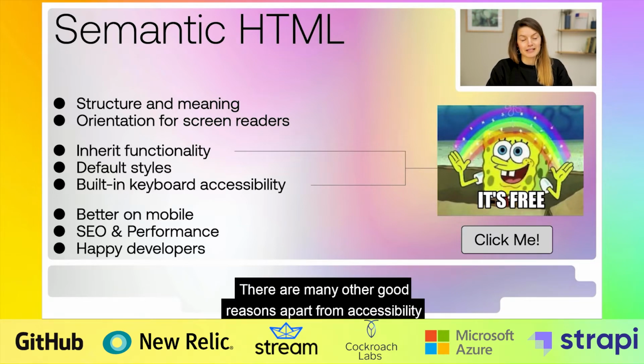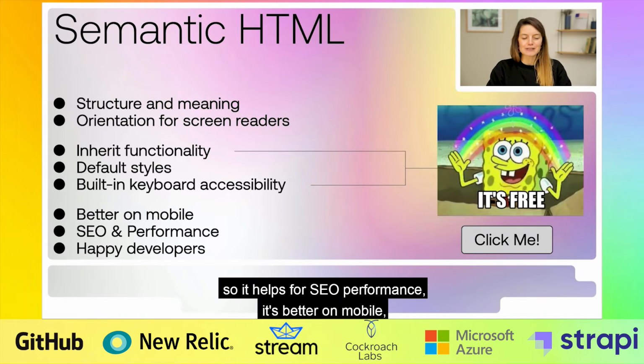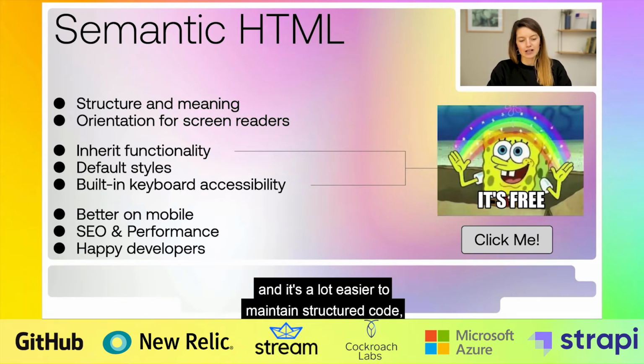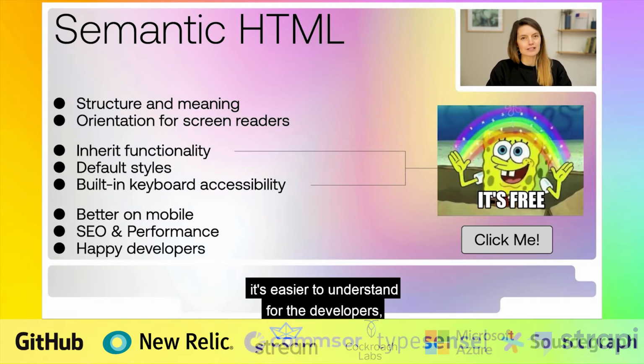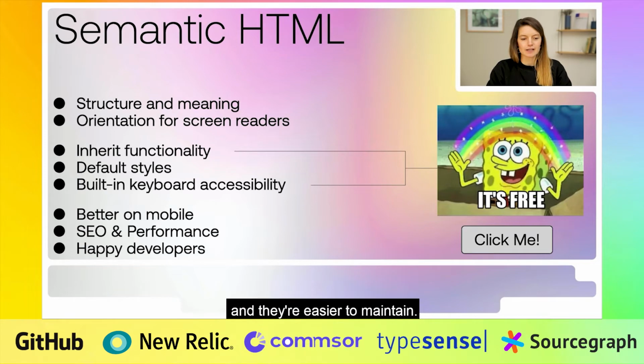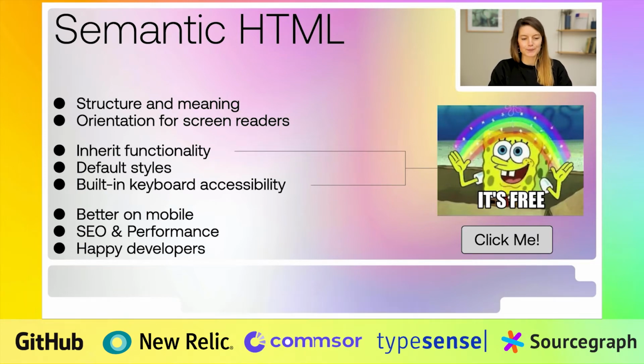There are many other good reasons apart from accessibility, which are also in favor of Semantic HTML, you could say. So it helps for SEO performance, it's better on mobile, and it's a lot easier to maintain structured code. It's easier to understand for the developers and easier to maintain.